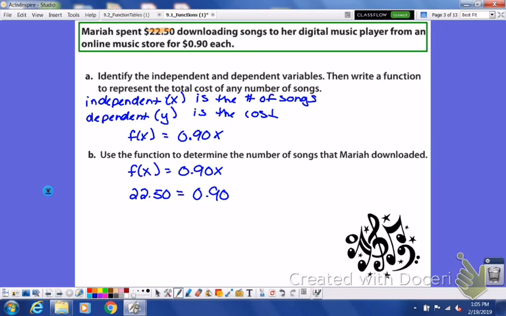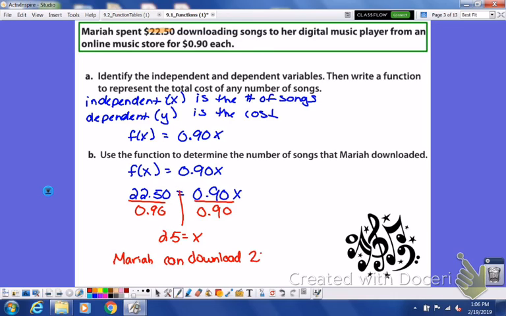So 22.50 equals 0.90x. And then just like last chapter, they're being multiplied, so divide on both sides. And we get 25 equals x. So Mariah can download 25 songs. All right, there is section 1.